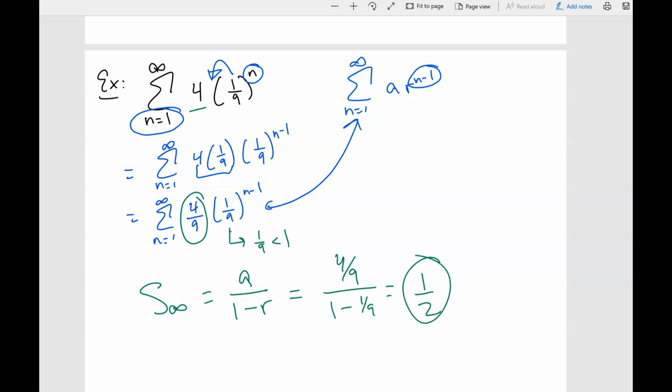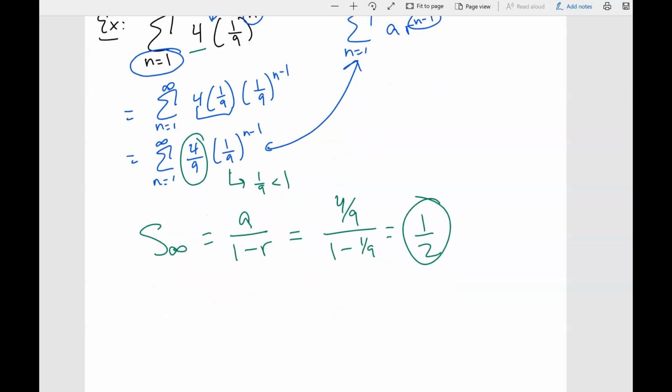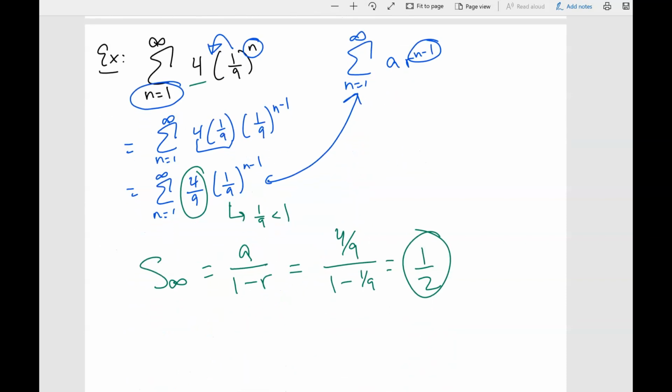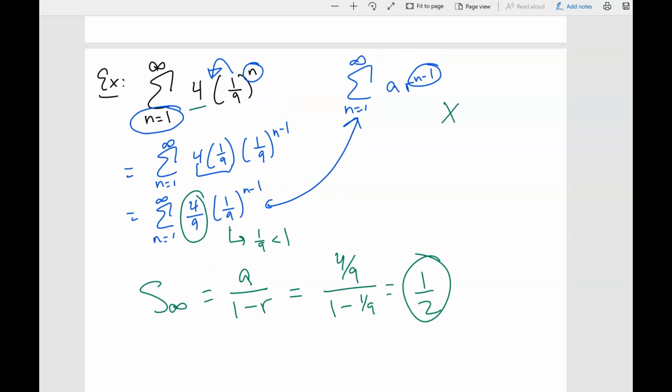Okay, so just to give you a little reminder, because we've done problems like this one already in the other video with the geometric series. We've done plenty of these problems. Problems like this will be on the exam.